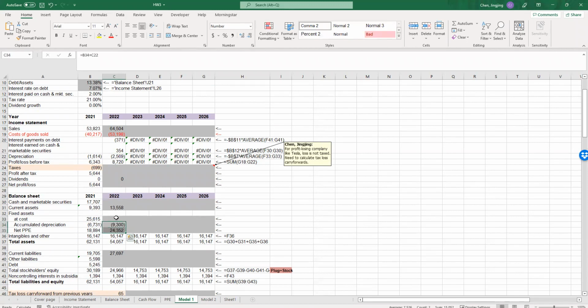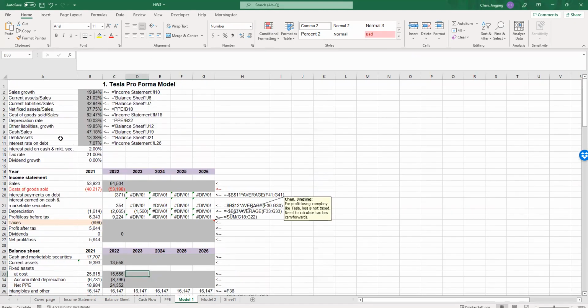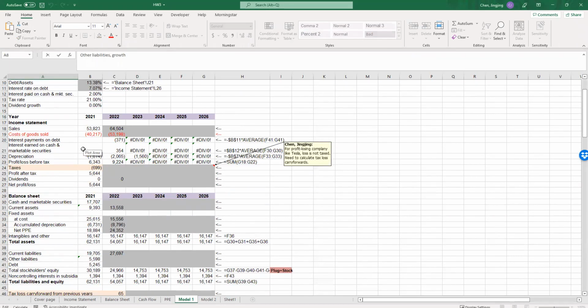So getting these two numbers means that we can calculate the fixed asset at cost. So here, add this. And then I have used other liability, the growth of other liability already.